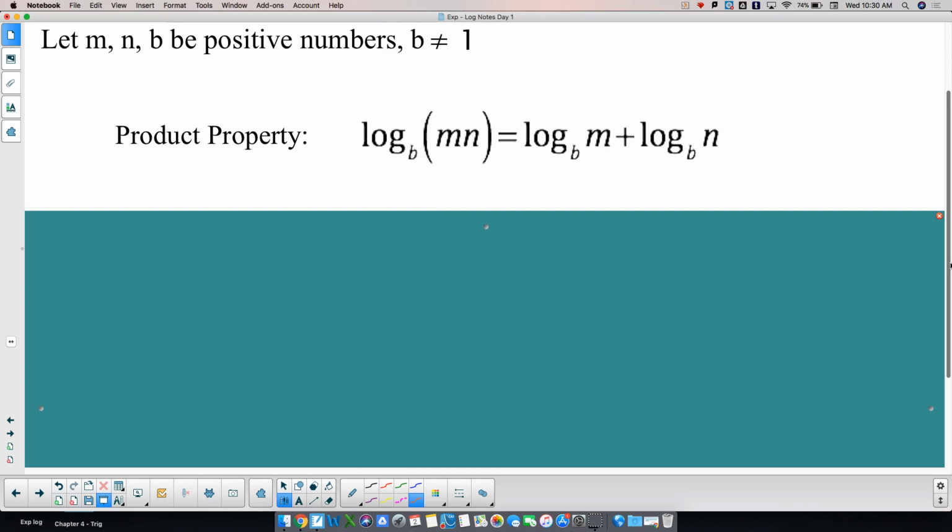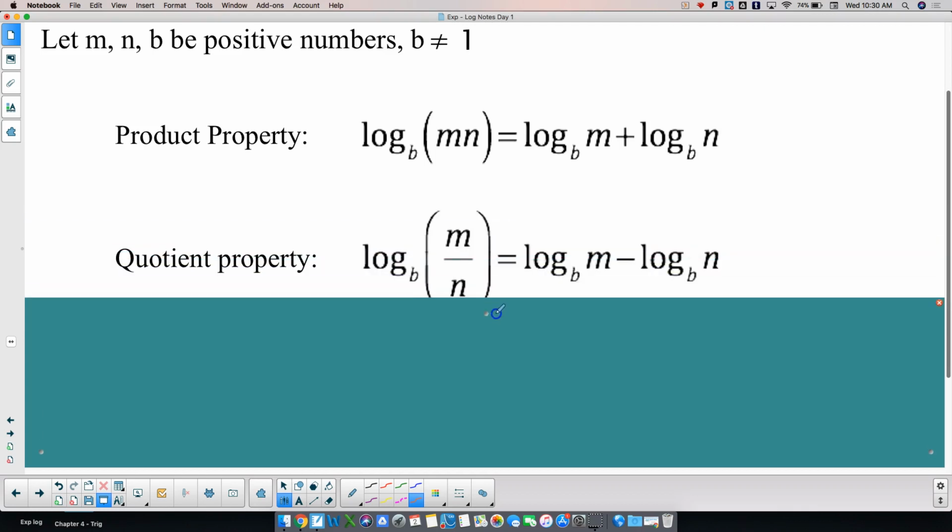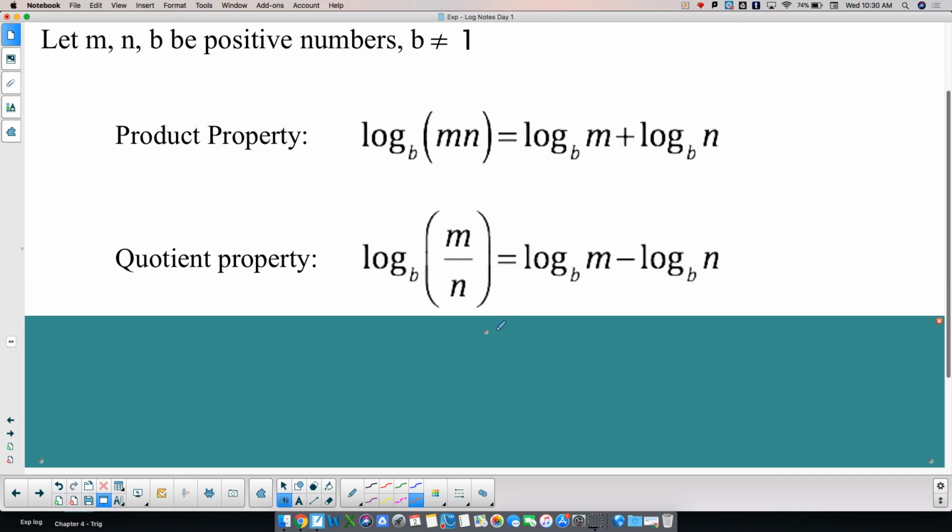Next one is the quotient property, which says that if I am dividing something in a log, I can break that up into 2 or more logs, again, but now with subtraction. Multiplication goes with addition, subtraction goes with division.